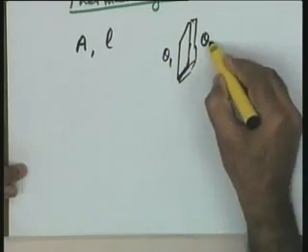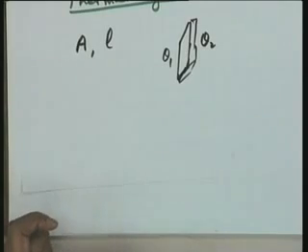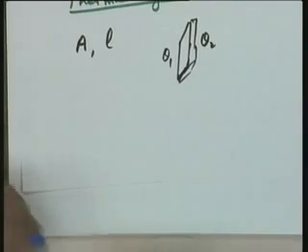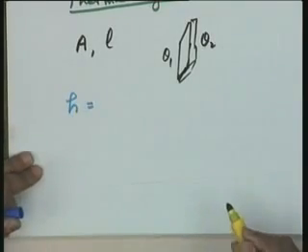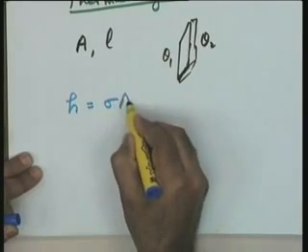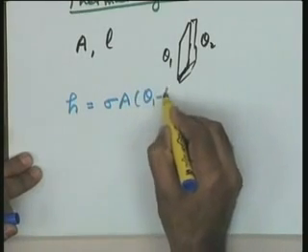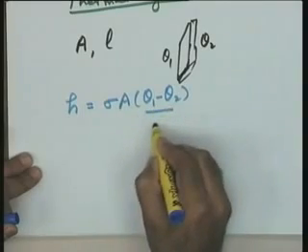Theta 1 is the temperature on this side, theta 2 is the temperature on the other surface. In that particular case, the heat transfer through this wall is given by H equal to sigma A theta 1 minus theta 2 divided by L.